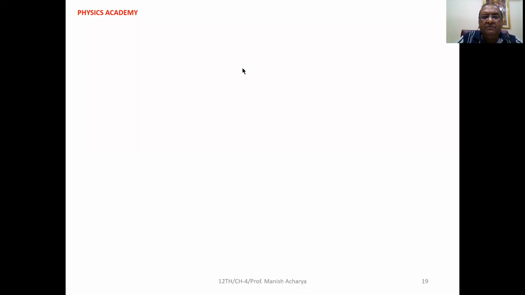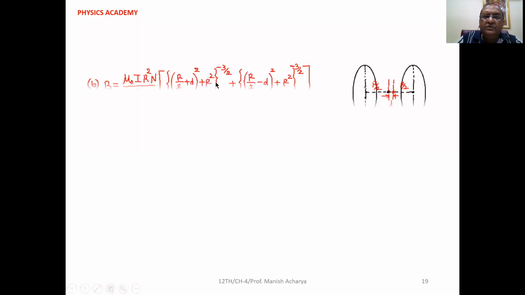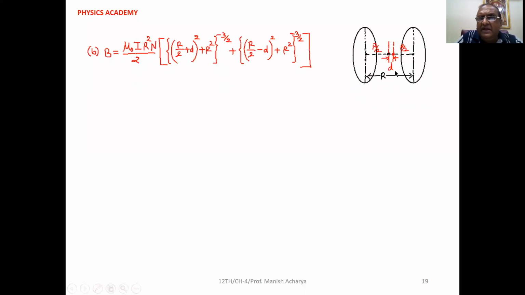Now question number B. So here we have two coaxial coils having radius equal to r, number of turns in each equal to n, and these two are separated by distance r.